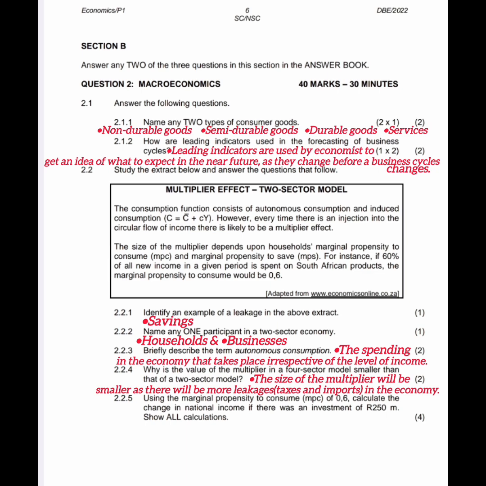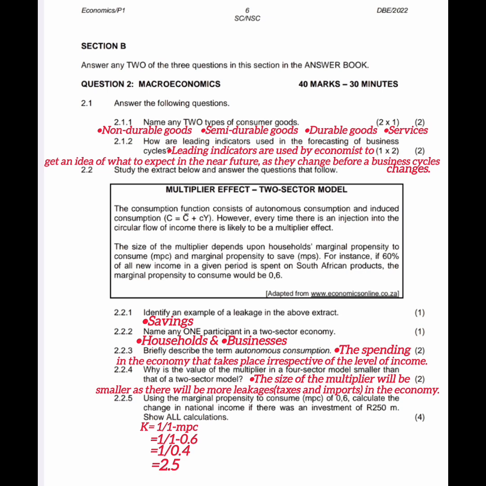So we're going to say K is equal to 1/1 minus MPC, that is the formula, right? Now we're going to replace, we're going to say 1/1 minus 0.6 is equal to 1/0.4, which is equal to 2.5.